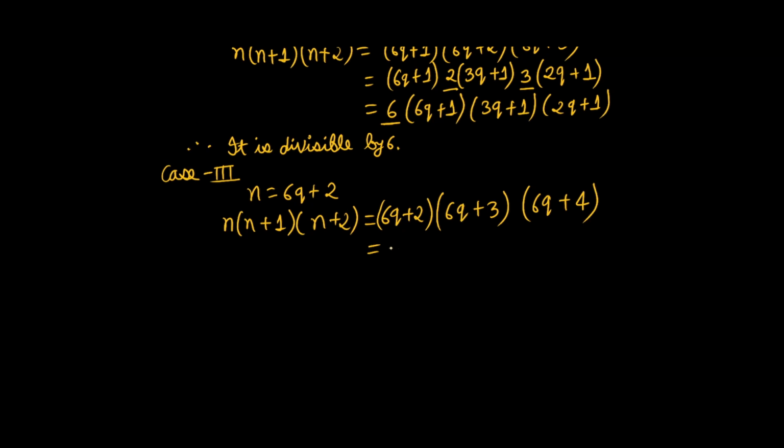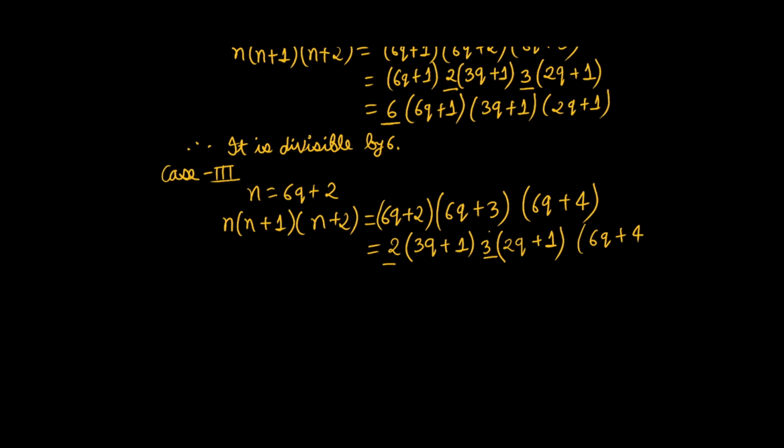So from here we will take common. We are getting 2 as common, 2 times 3q plus 1. Here 3 is common. So we got 3 and 2 as common. So we will multiply and we will get 6. So 3 times 2, 3 times 1, 6q plus 4.